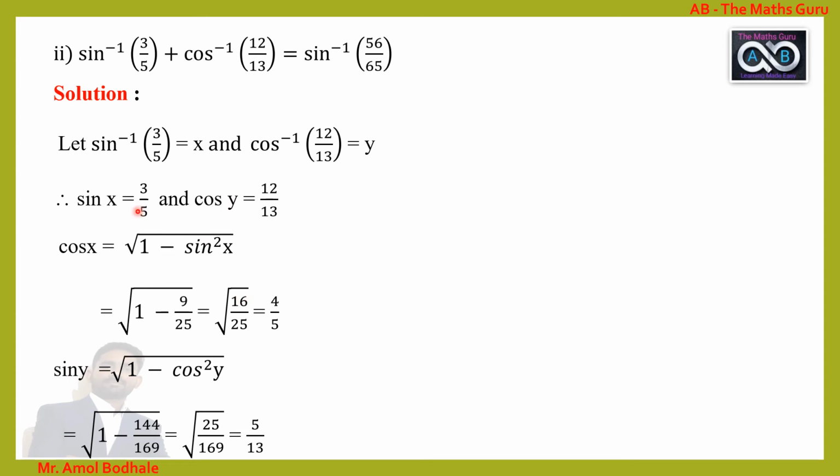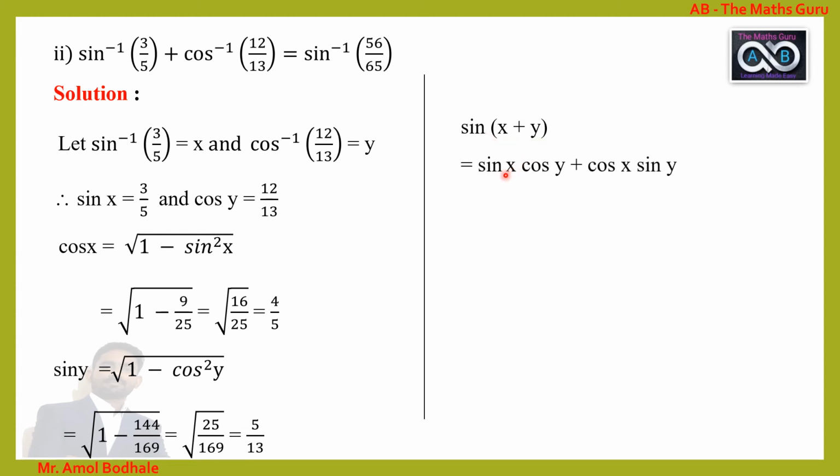As we know the values of sin x, cos x, sin y, cos y, we can use them. Here we have to prove that this LHS equals sin inverse of some angle. So that is why we will consider sin of this angle x plus y. We know sin of x plus y is sin x cos y plus cos x sin y.